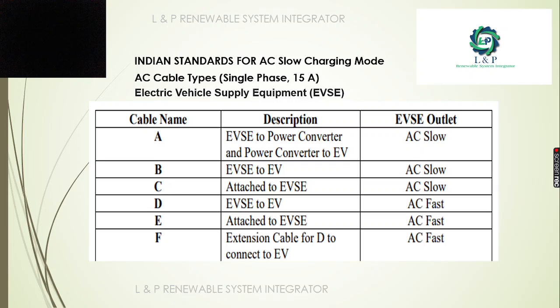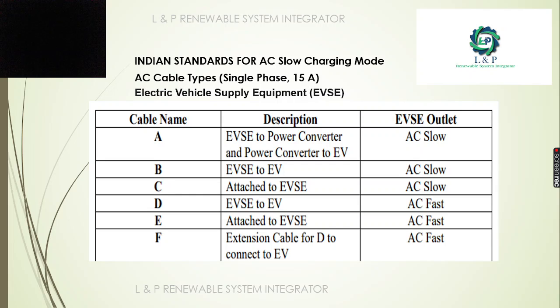And in cable C, it is already attached to the electric vehicle supply equipment. And in cable D, we will have electric vehicle supply equipment connected to the electric vehicle. And cable E, it is already attached to the electric vehicle supply equipment, same like petrol stations we have the cables. And cable F is an extension cable for D to connect with the electric vehicles.